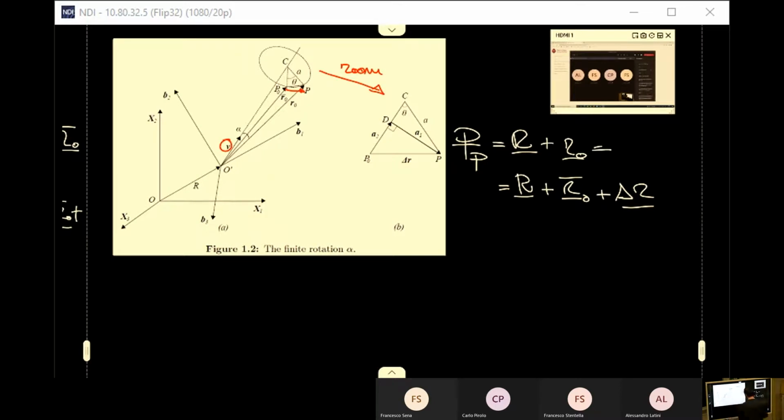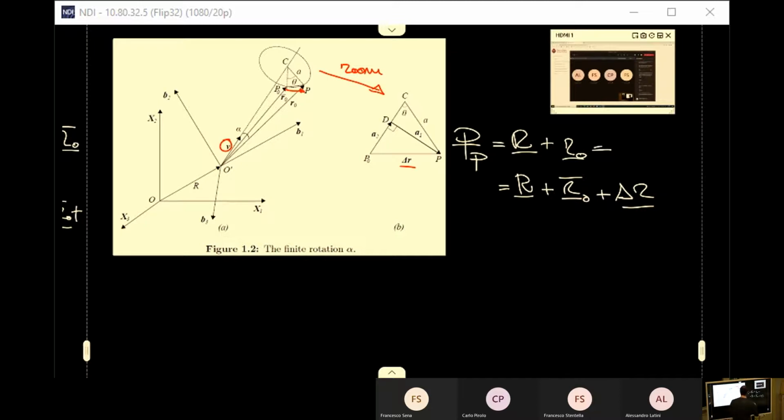All right? And as we said, P0 to P is here delta R.